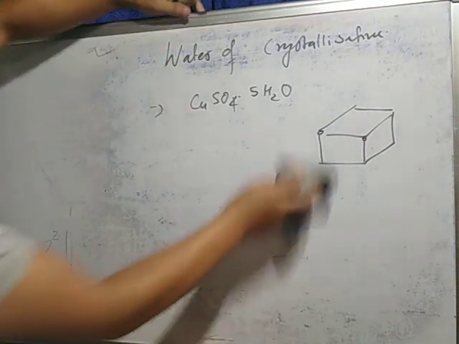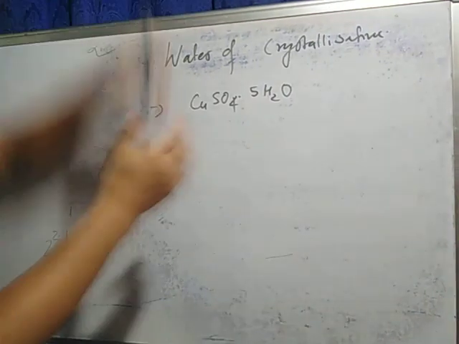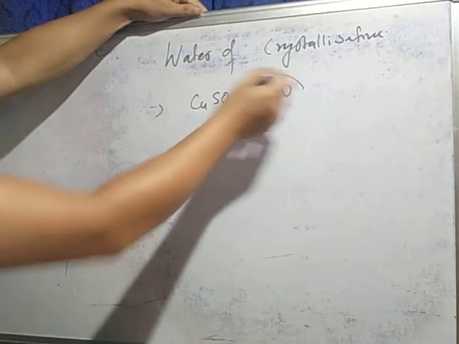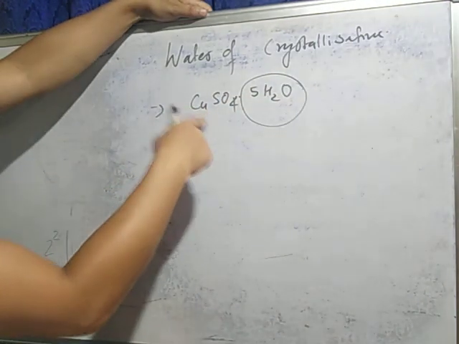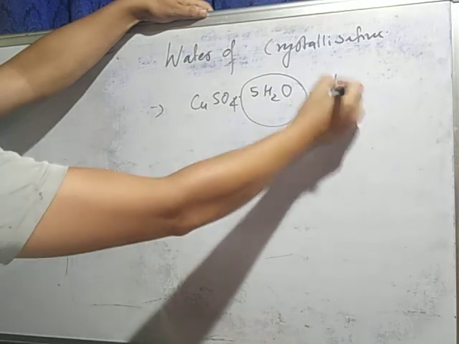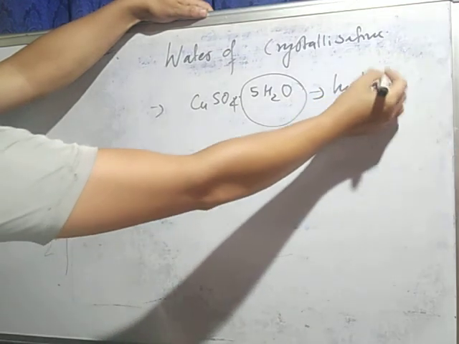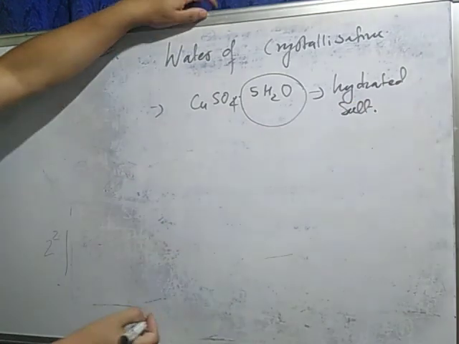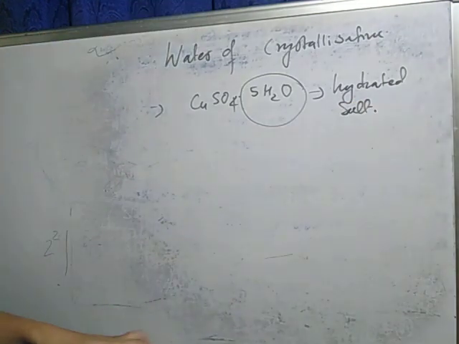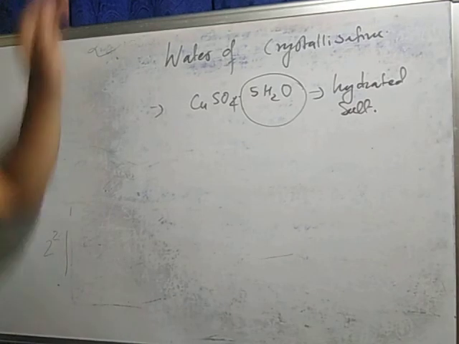So this, with the salt, is called water of crystallization, and this type of salt is called hydrated salt. Hydrated salt, clear. So write down the water molecule which forms part of its structure.